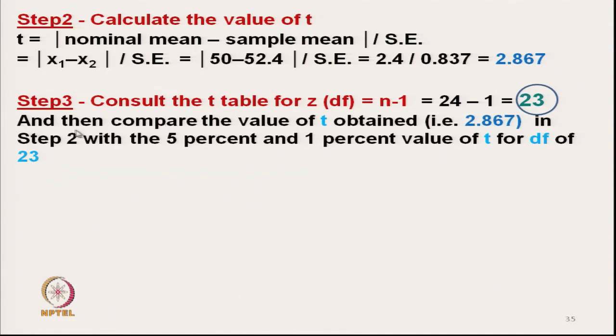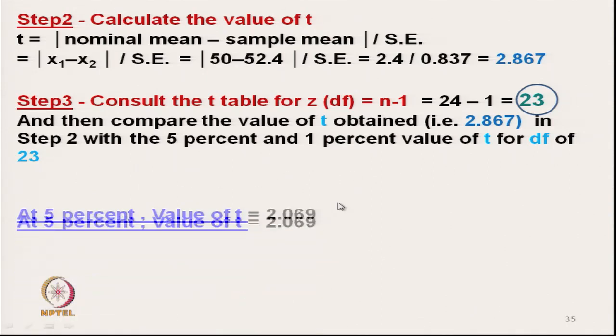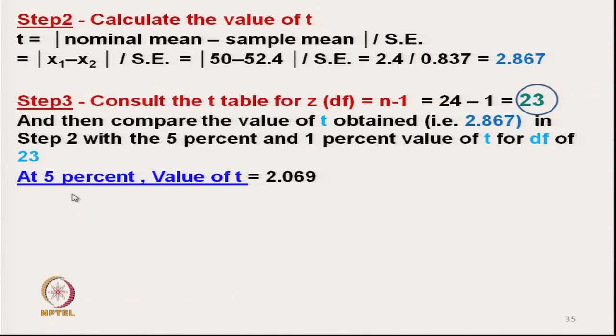Then we compare the T value obtained in step 2 with the 5% and 1% values of T for a degree of freedom of 23. So, at the 5% level the value of T is 2.069 and at the 1% level the value of T is 2.807. This is for a degree of freedom of 23.